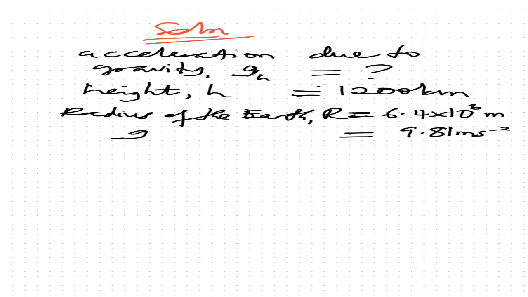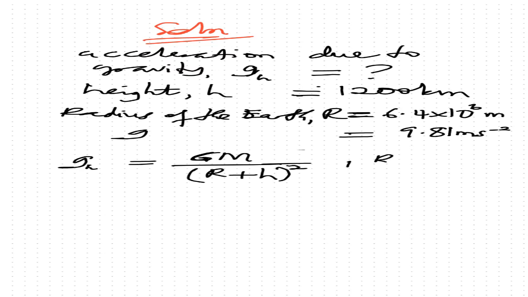Right. So how do we get g_h? g_h will be GM over R plus H all squared. But we weren't given G and capital M. But you know that we proved in our early lessons that GM is equal to gR squared.